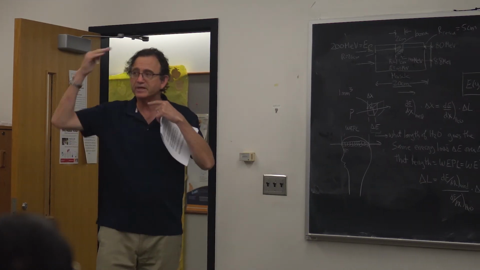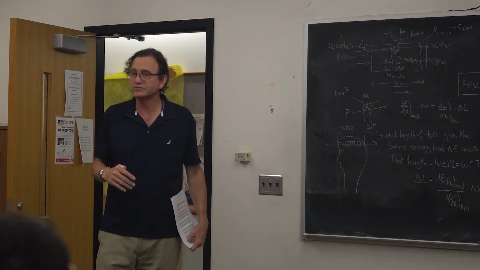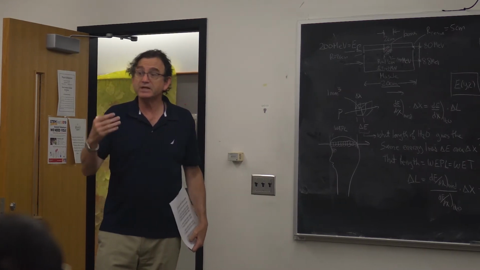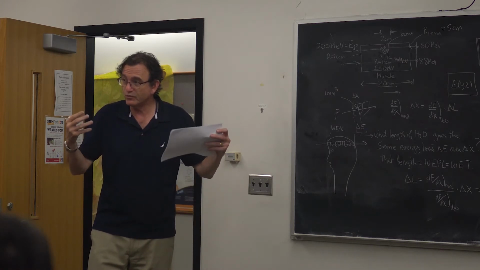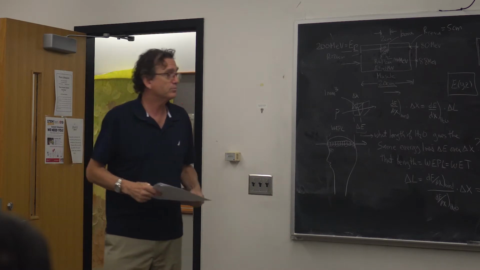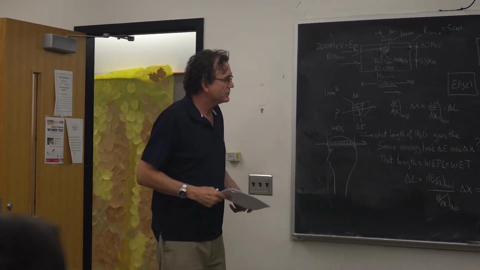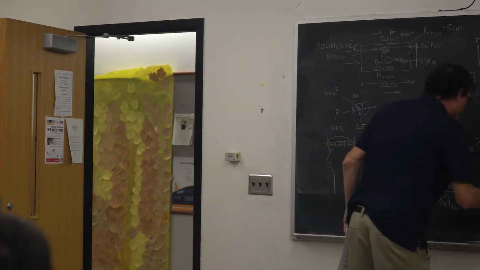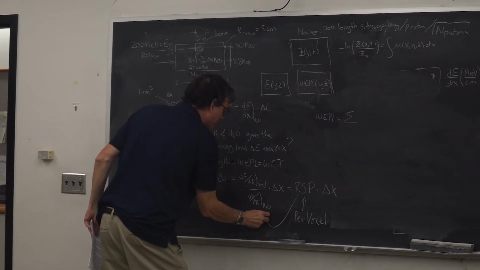Typically you can carve up a head of this size into about 3 or 4 million 1 cubic millimeter voxels. That means that in imaging, that's how much information you have for measuring density or characteristics, and you want to know them for every voxel. So this is RSP times delta x, right? And so this is given a very special name, RSP.